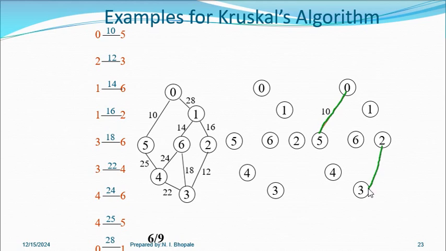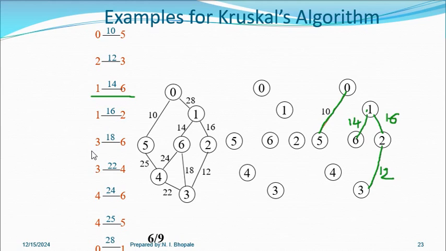This can be perfectly inserted with the weight 12. Next is 1 to 6, that is 14. Next is 1 to 2, this is also perfectly inserted with the weight 16.